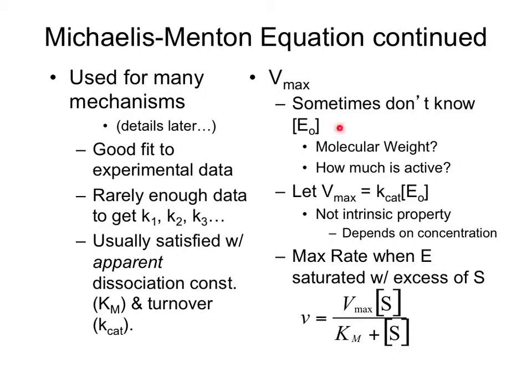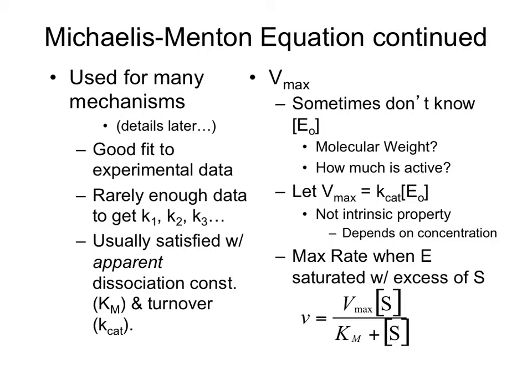Vmax: sometimes you don't know the actual enzyme concentration. You don't know the molecular weight or how much of it is active. Since Vmax is equal to kcat times the enzyme concentration, it's not an intrinsic property; it's actually dependent on the concentration.